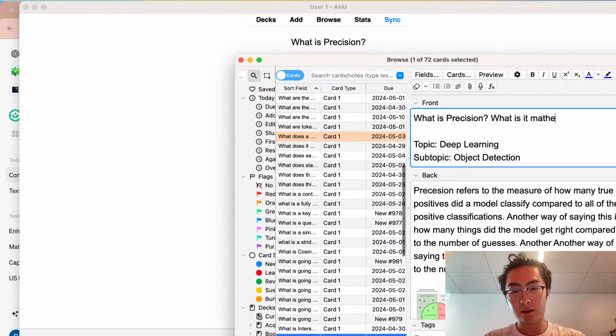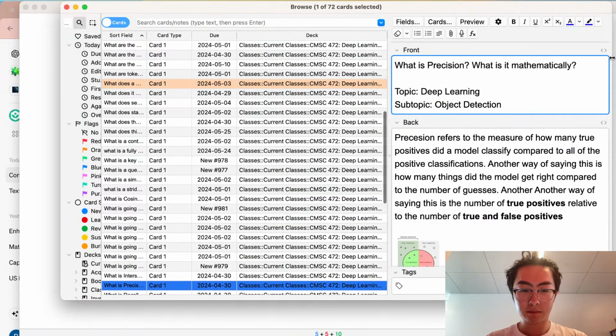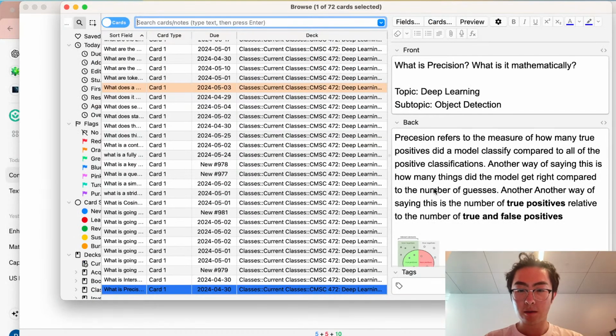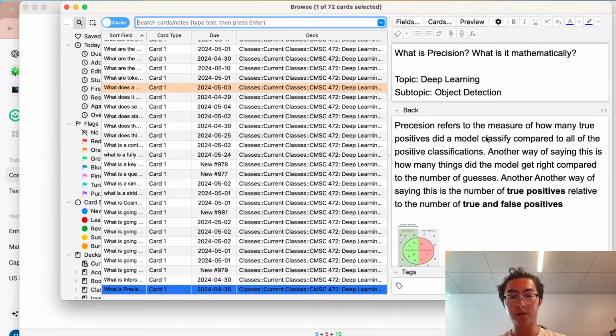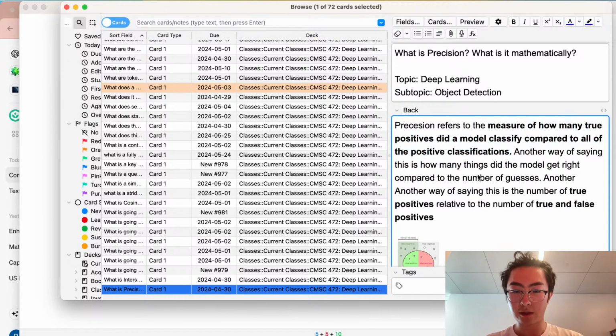Is it mathematically the measure of how many true positives? Another way of saying this.